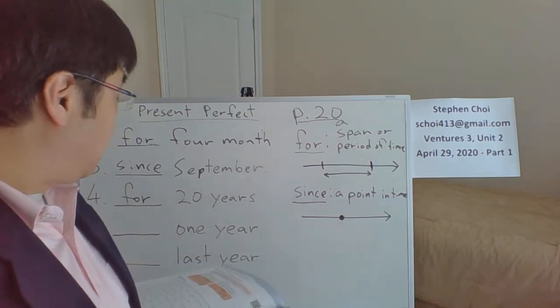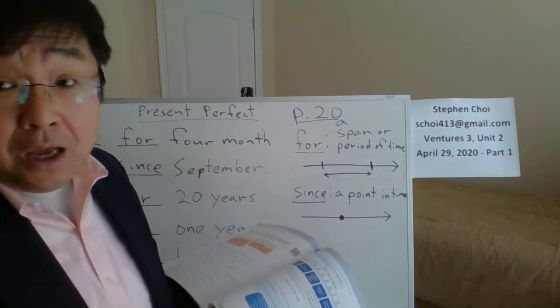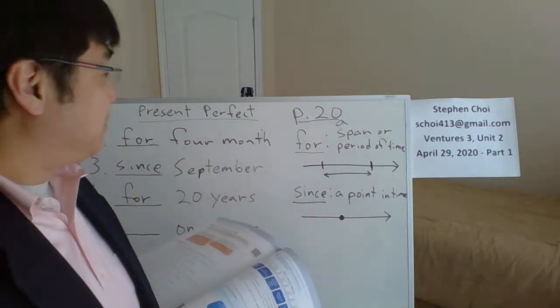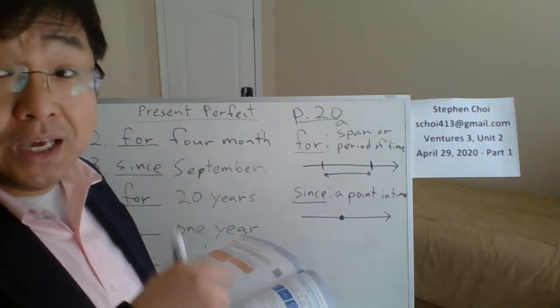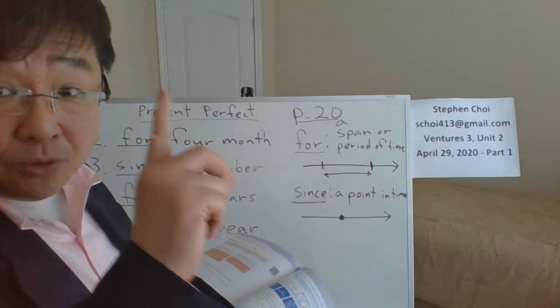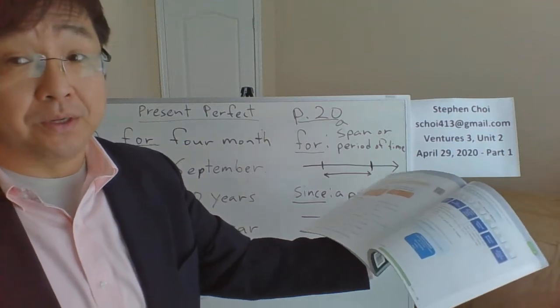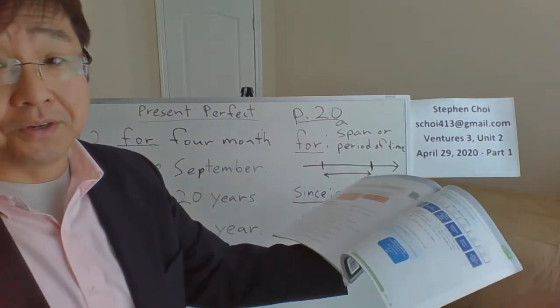Maybe you could say 2019, but you can't think that way. If it was 2019, then it would be since, because there's only one year named 2019. But 1 year is a span of time, just like 20 years.